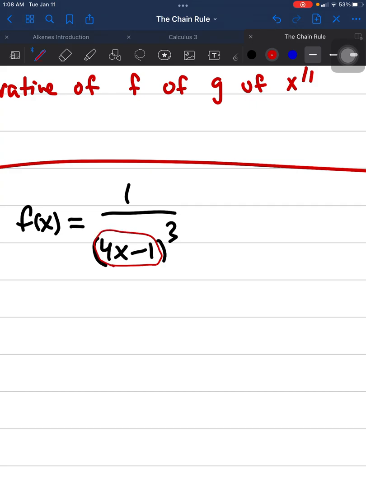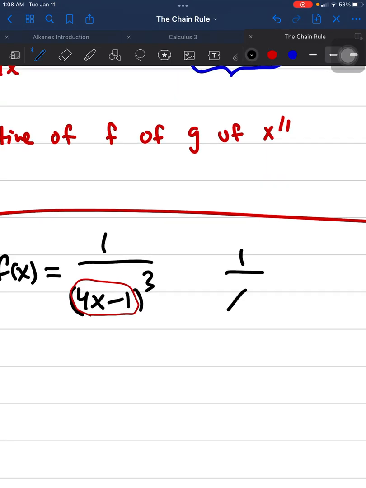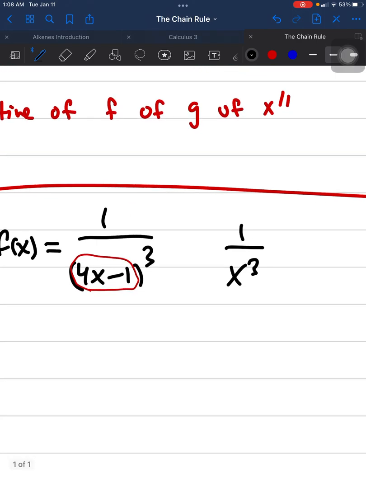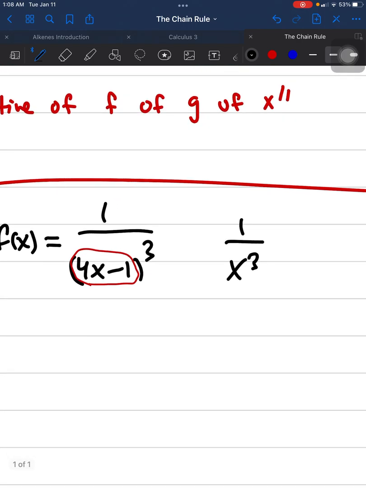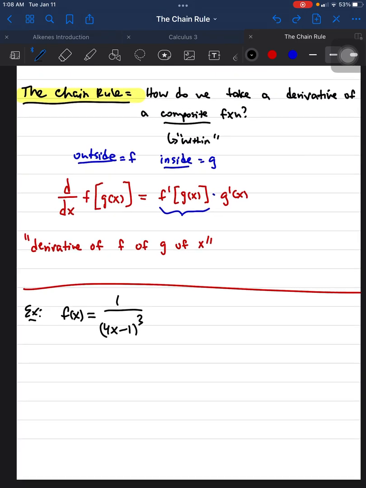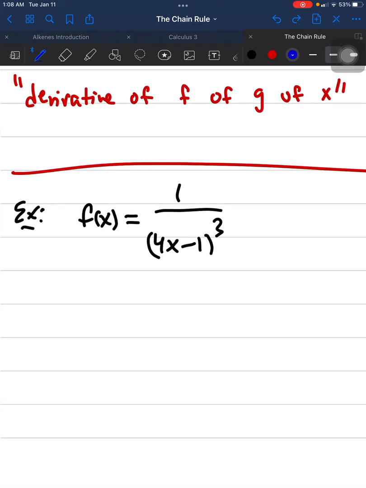You see that we have 4x minus 1 inside of parentheses, and it's cubed. We can compare this to 1 over x cubed. When we had 1 over x cubed, it's a little similar to this, but the big difference here is that there's an entirely new function in the place of x. So that's where the chain rule applies. That's when the chain rule comes in, and we start to apply the properties of the chain rule.